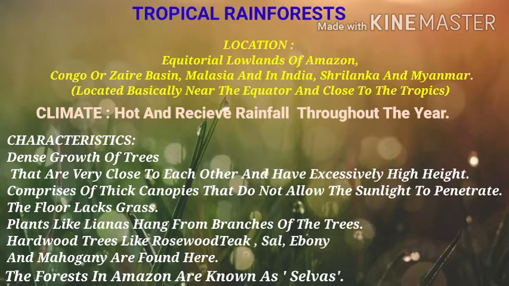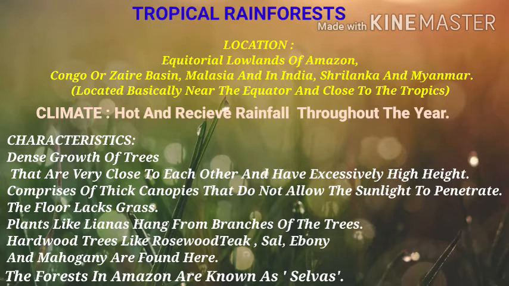The tropical rainforests are generally found in the equatorial lowlands of Amazon in South America, Congo or Zaire Basin of Central Africa, Malaysia, Indonesia in Southeast Asia, and in the islands of the Indian and Pacific Ocean.